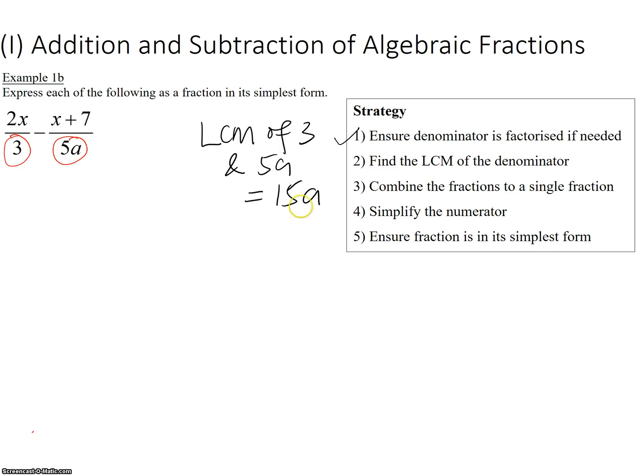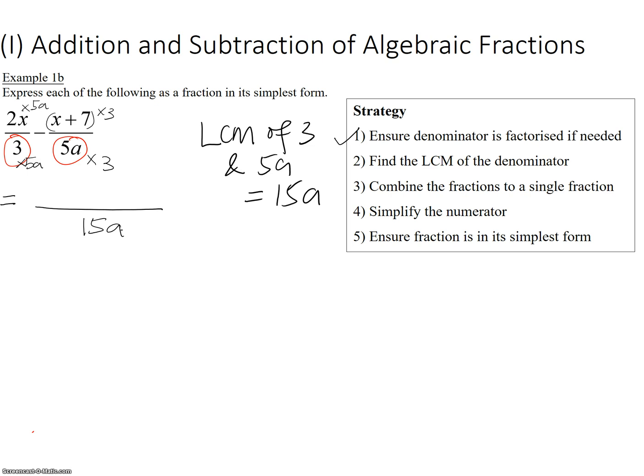Because the denominator is 15a, the LCM is 15a. So I can now combine the fractions into a single fraction by multiplying 5a to this fraction and multiplying 3 to this fraction so that my denominator will be 15a.